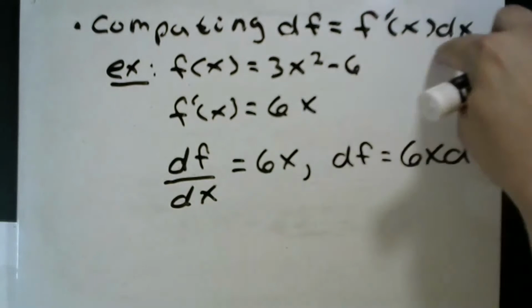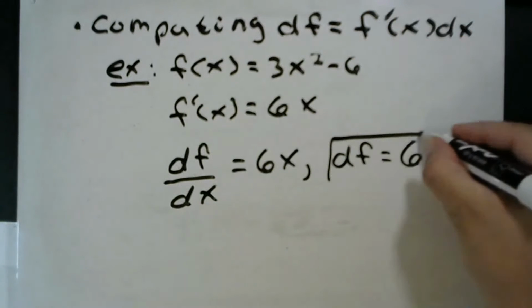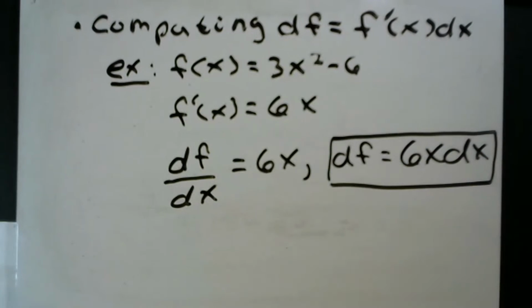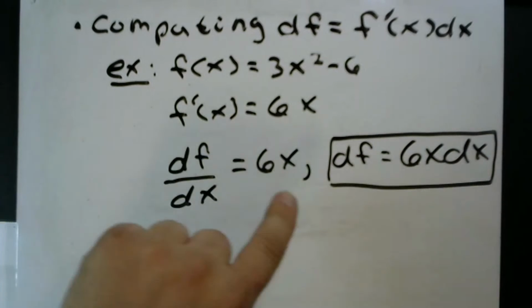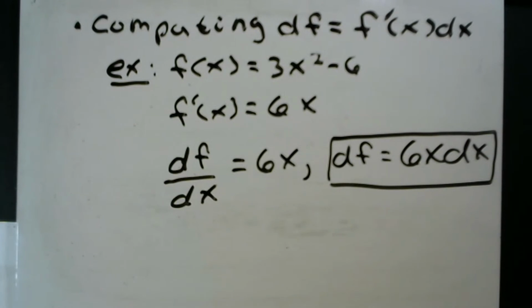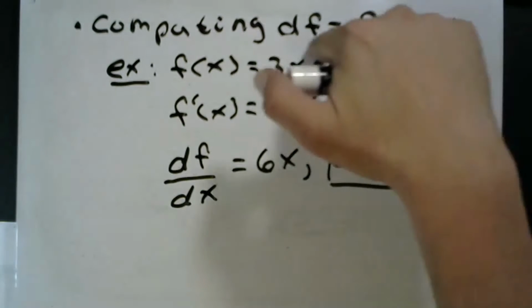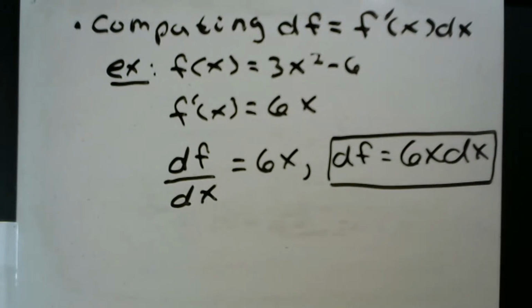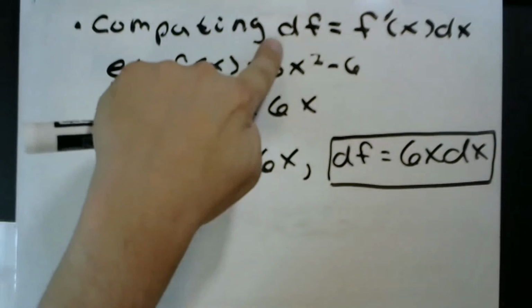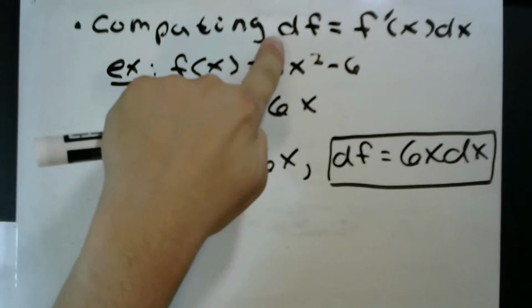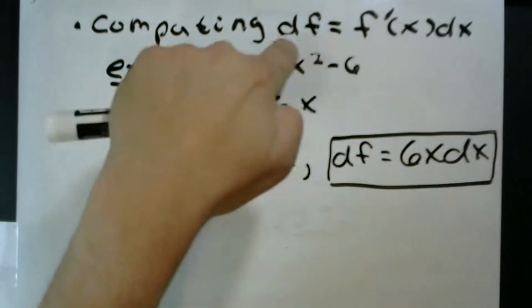Keep that formula in mind. You'll do fine. A trick is to think of it as multiplying both sides by dx, but this is the formula that it's getting us through. And so that's it. Computing a differential, we're not going to worry about figuring out delta L. We're going to worry by just using this.